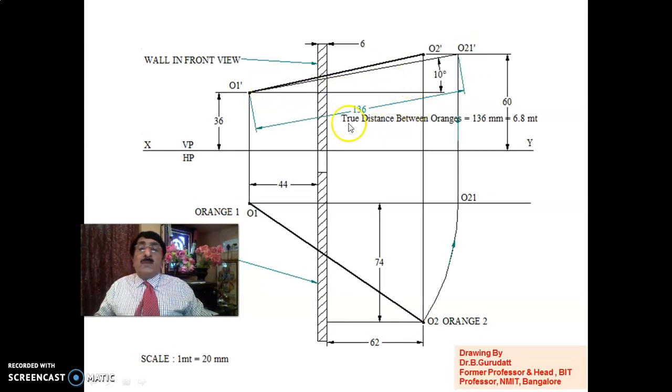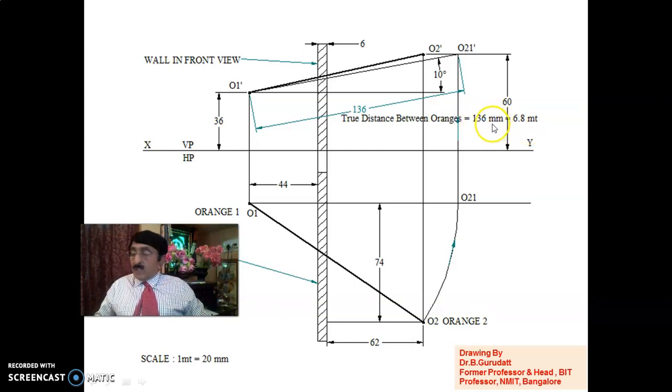Now you see here, you measure that the true distance between the oranges is 136 millimeters. The scale is 20 millimeters is 1 meter. So 140 means actually 7, and 136 means almost 6.8 meters.